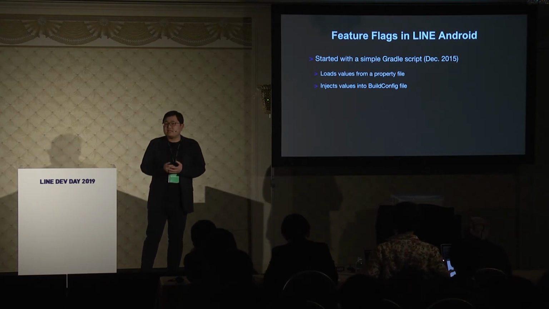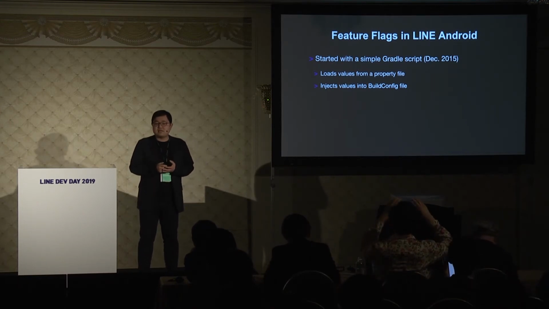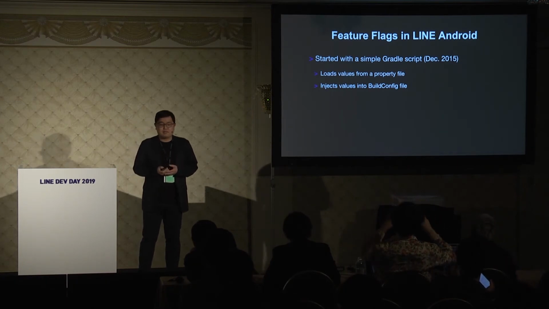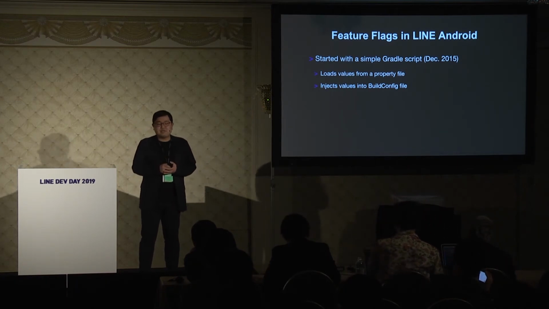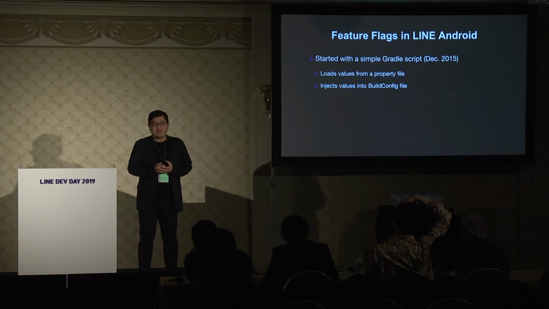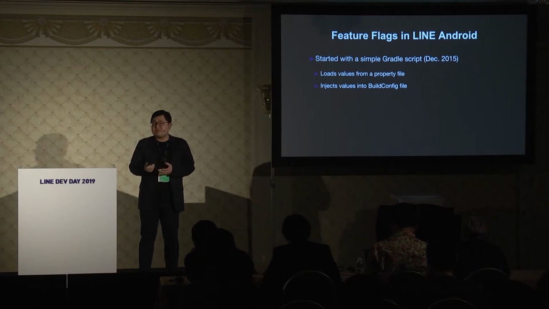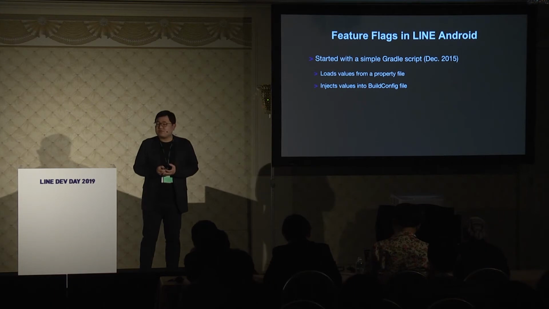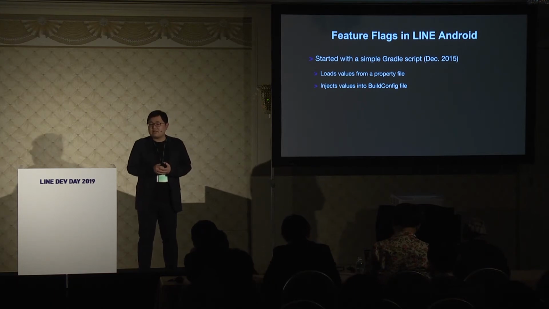So in Line Android, at the end of 2015, a script was introduced to create the feature flag value. This is a simple Gradle script file. And from the property file, we can tell when the flag would be enabled, and the build type of the application, whether it's debug mode or release mode.